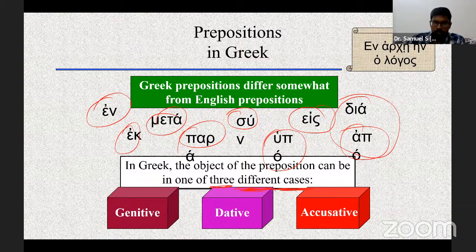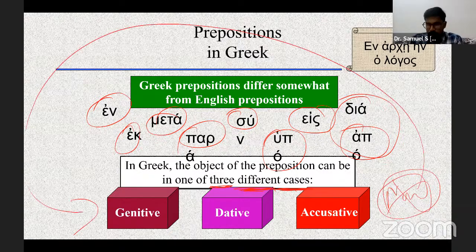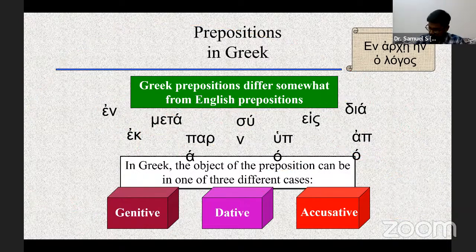Understandably, the object cannot be in the nominative case, right? Why? Because that is at the beginning. That's the subject, right? But in the prepositional phrase, the object can be either the genitive or the dative or the accusative. So for example, you just take ek, right?